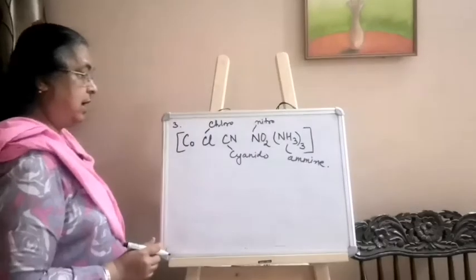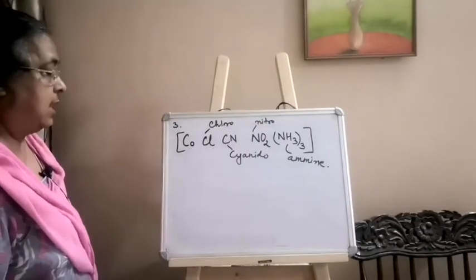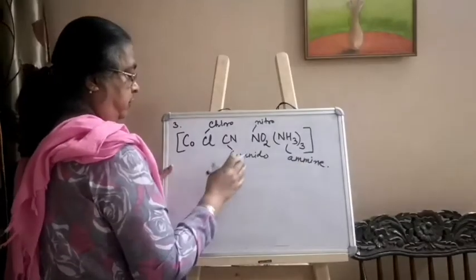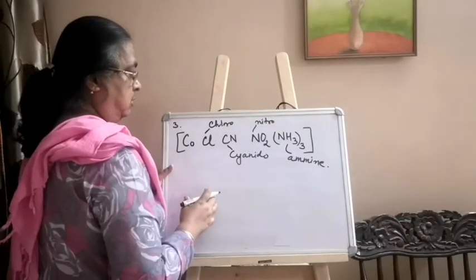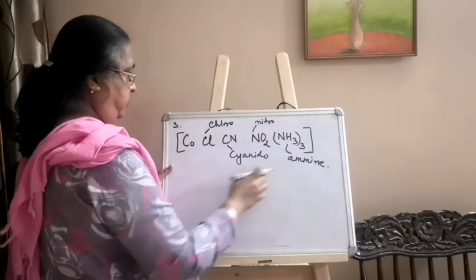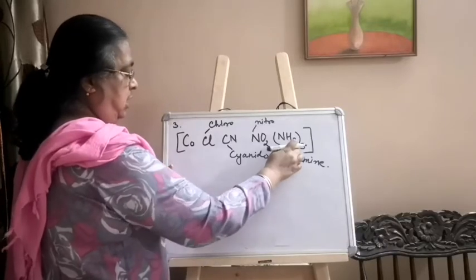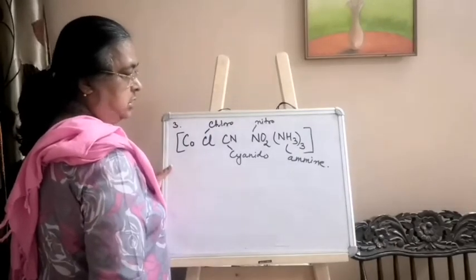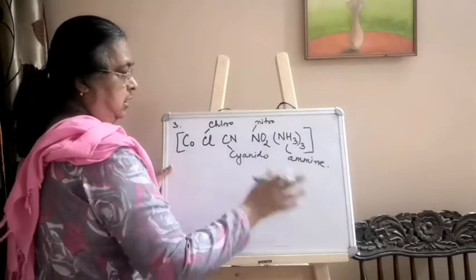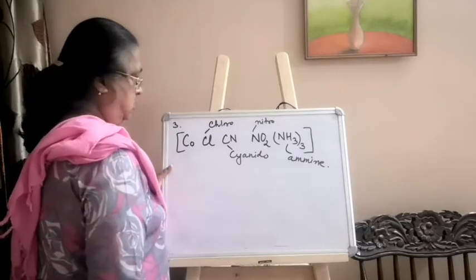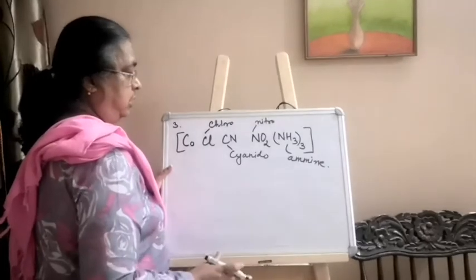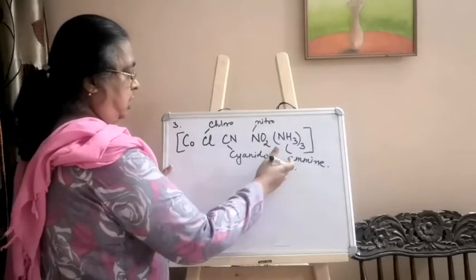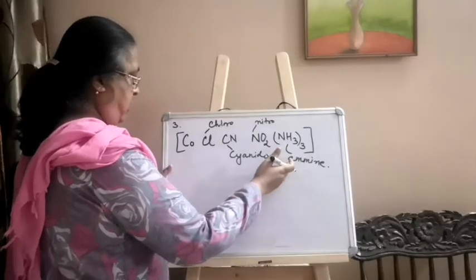So you will have to write the ligand names alphabetically, by the first letter of their main name. So here we have first amine, but amine is 3, triamine. The prefixes that come with a ligand are not taken into account for the alphabetical order. So you will not consider the T of tri, only the first letter of its name. So A will come first.